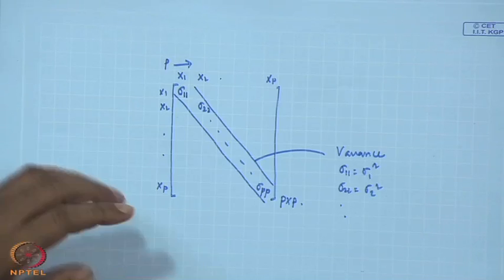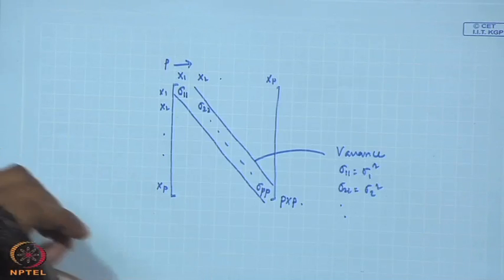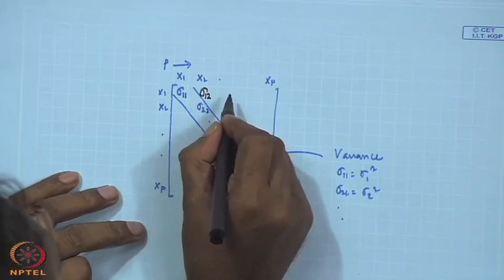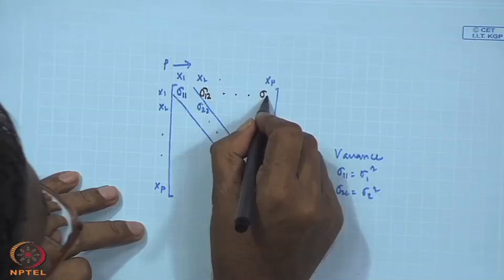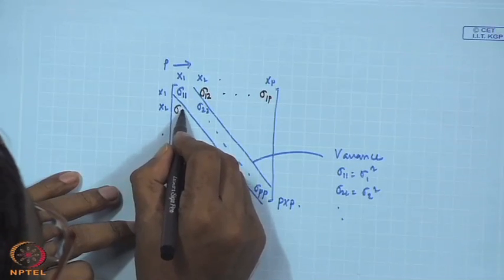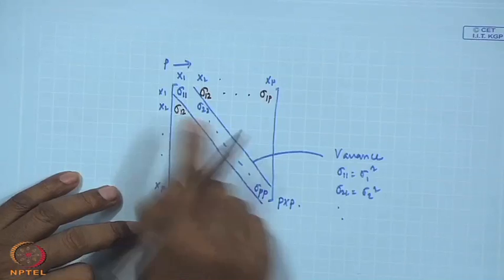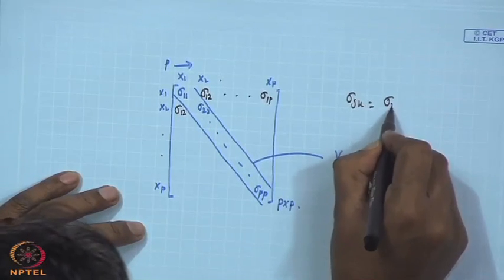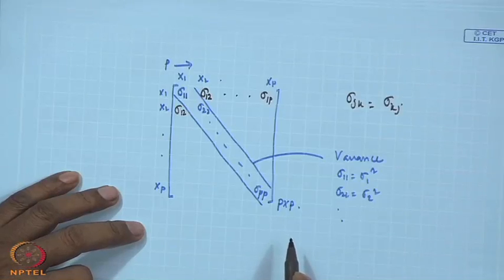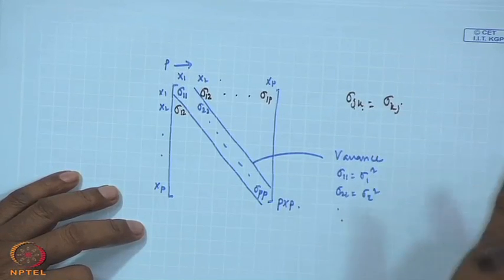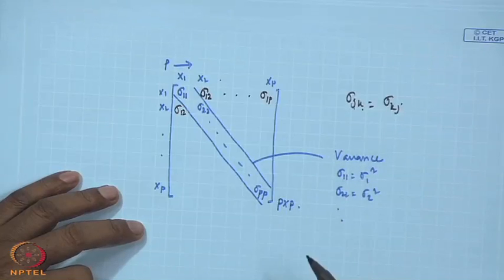Then the off-diagonal elements will be covariance. So, what will be this? Sigma 12, sigma 1p. I am writing 12 instead of 21 because the assumption is sigma jk equals sigma kj, since they are the same two variables, only the order is changed.